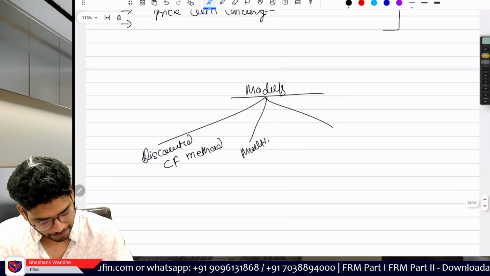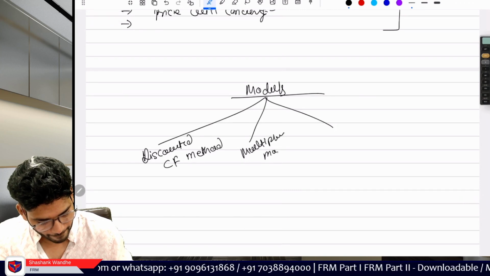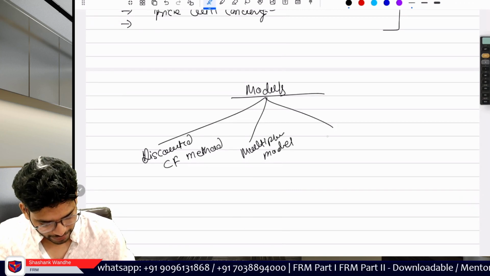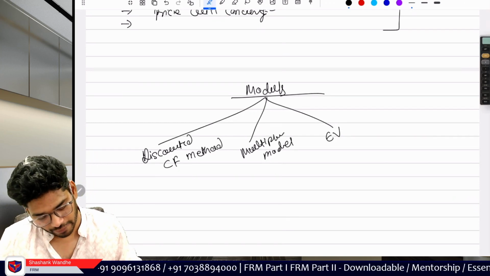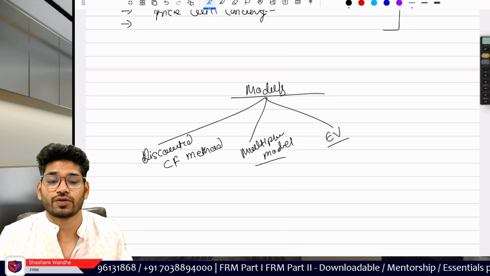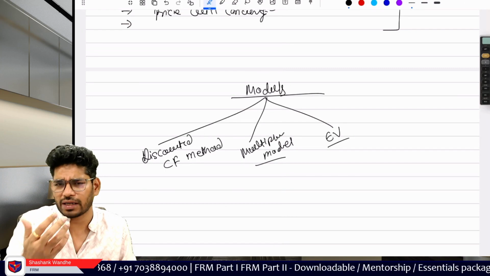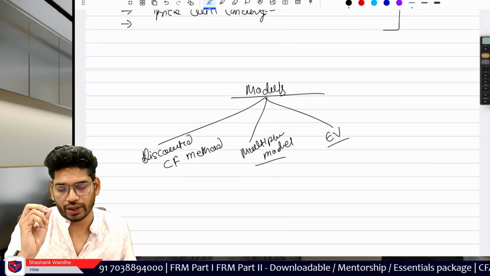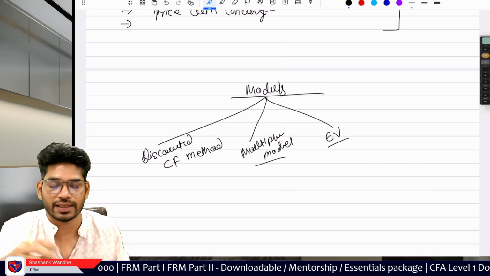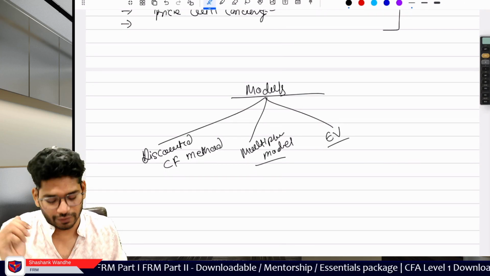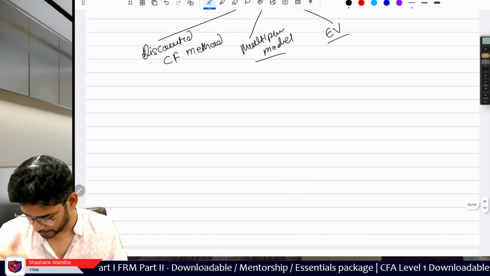Then we have the multiplier model, and then the EV, enterprise value model. Here we will calculate the enterprise value. Here we will use the multiplier model as in the P ratios, so the price to earning ratio. Once we start the discussion, you will understand.